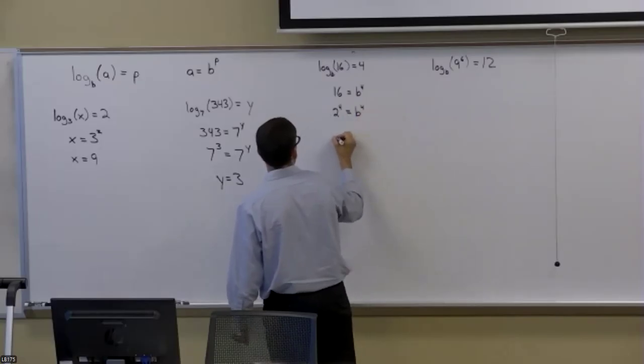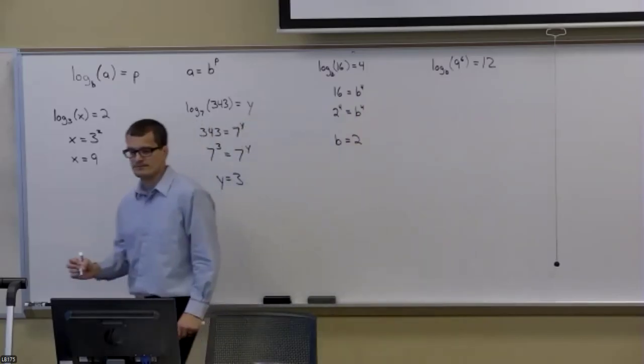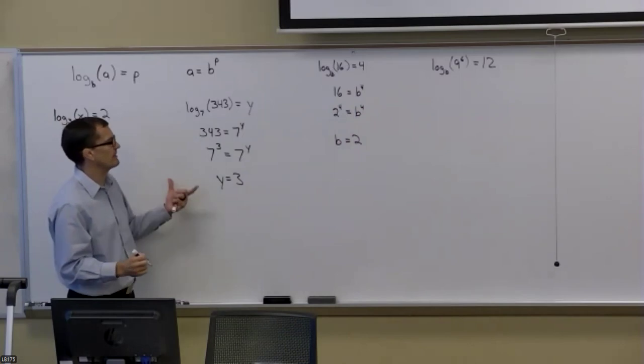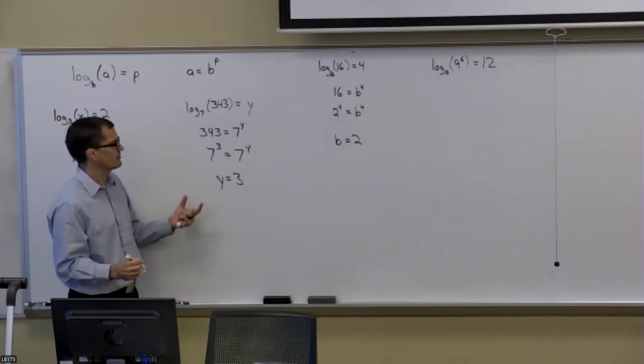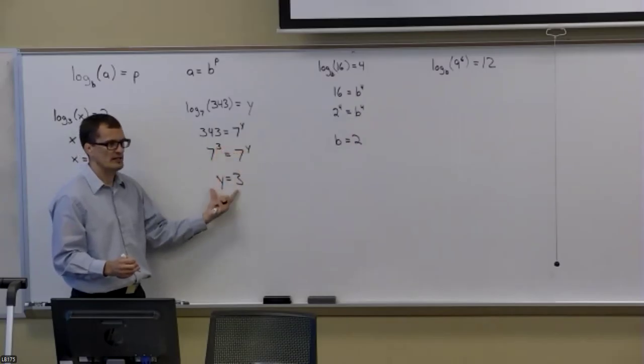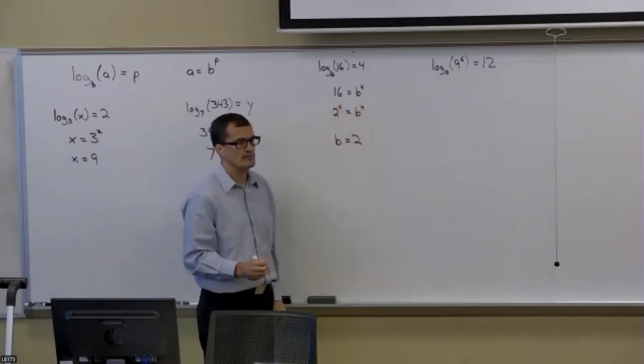So that means the base has to be 2. Everybody okay with that? This is going to be one of the key things about solving exponential equations. If the bases are equal, then I can set the exponents equal. If the exponents are equal, then I can set the bases equal.